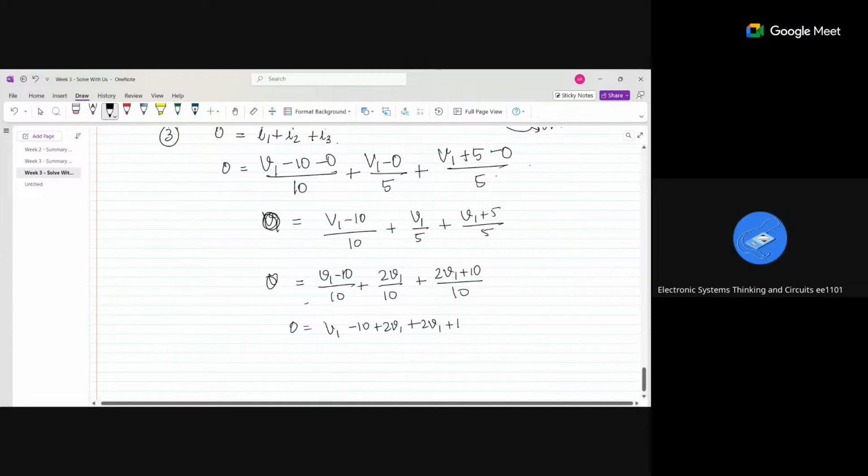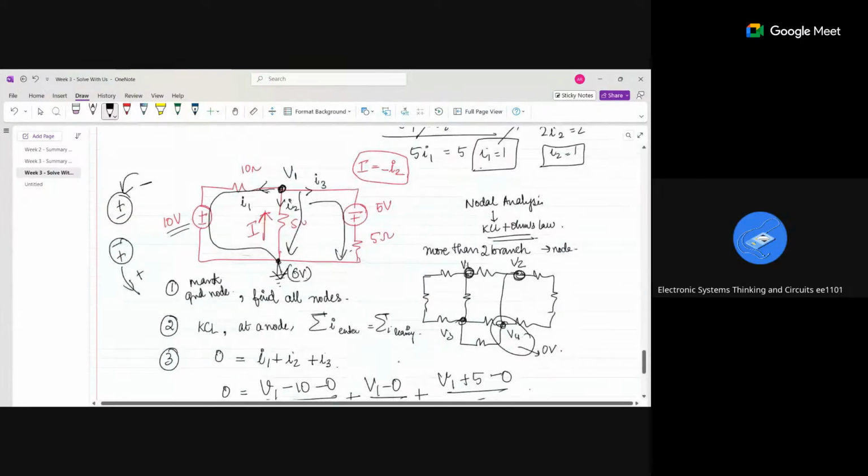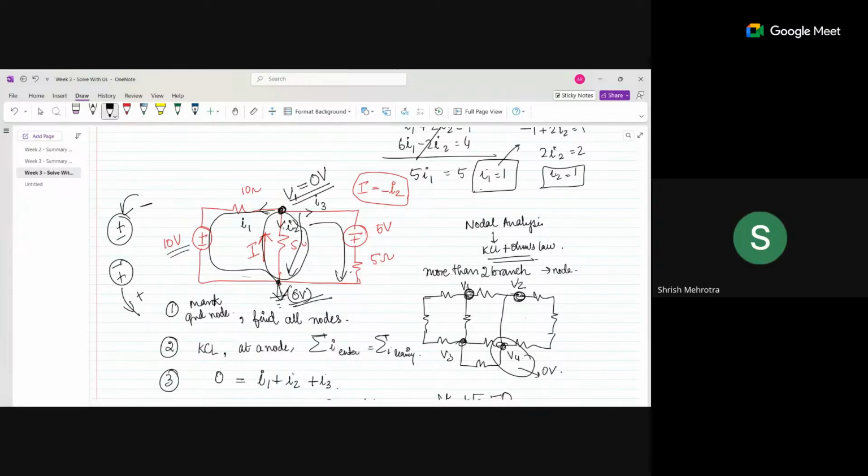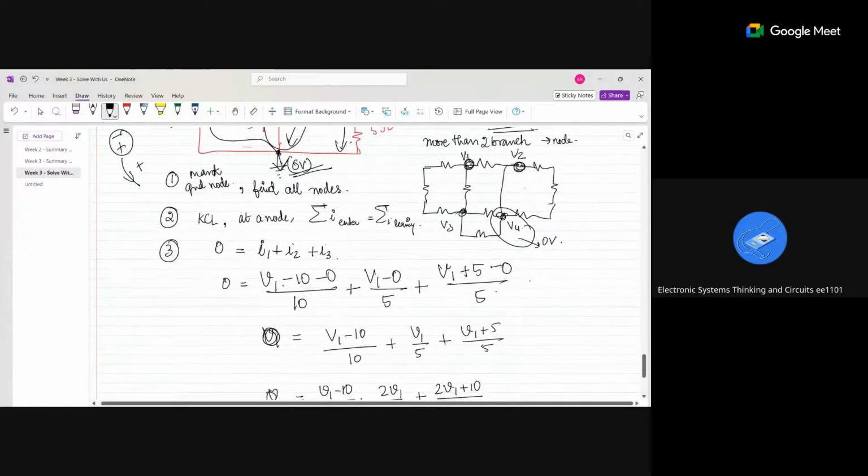Yes, it's 0. 5 V1 is equal to 0, so V1 is equal to 0. So here it is 0 volts, here also 0 volts. So basically there will be no current flowing here, right? Yes, ma'am, because they are maintained at the same potential. So this is how you find using KCL.